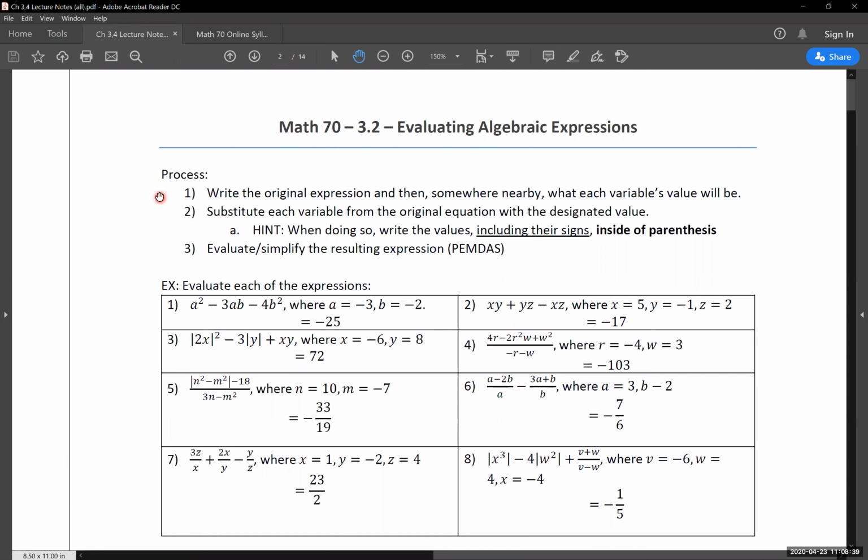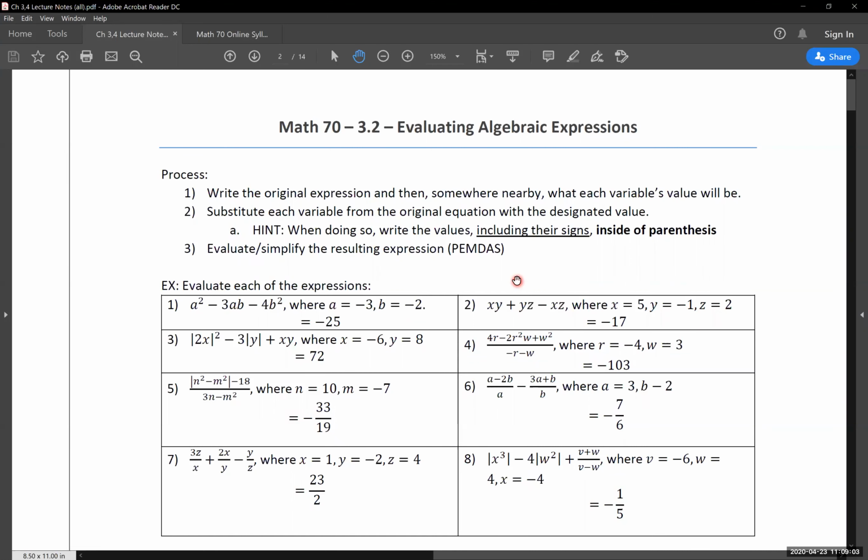As we're seeing with some of the examples, we're going to be told what A is, what B is, what X or Y or Z is, anything like that. Have that written down nearby so you can take a look at that accordingly and have that ready to go for the rest of the process. Plus, it's another way of keeping your work organized.